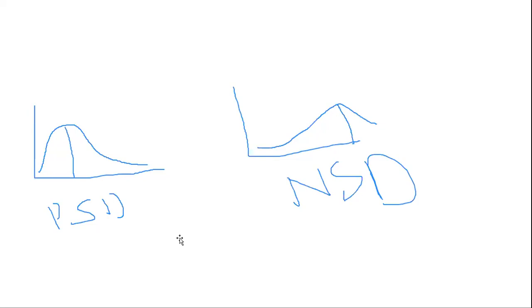Here we can say that mean is greater than median, and median is greater than mode.